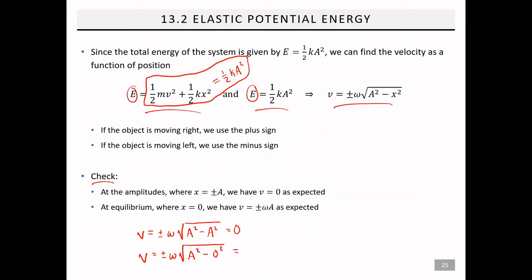The 0 goes away, you get plus or minus omega times the square root of A squared, which is just plus or minus omega times A. So at the equilibrium position, you have v is equal to plus or minus omega times A. This is exactly what we expect. In fact, at this position, we know that v is also equal to v max.